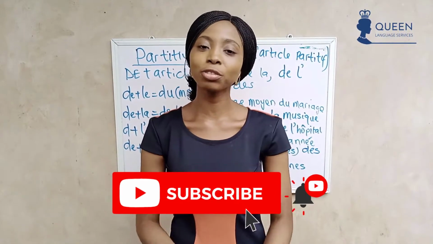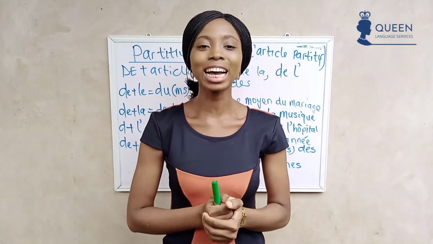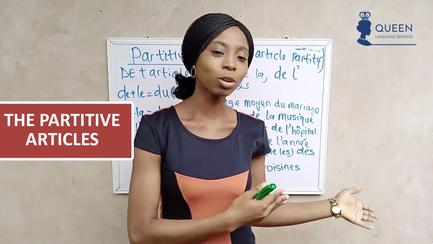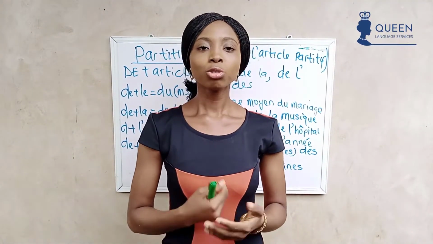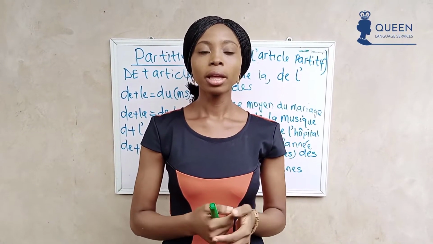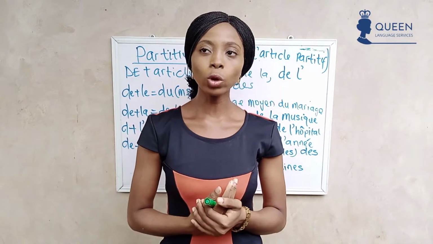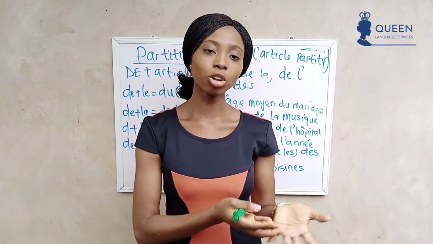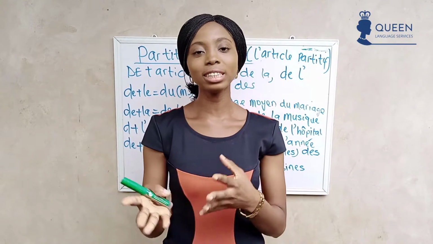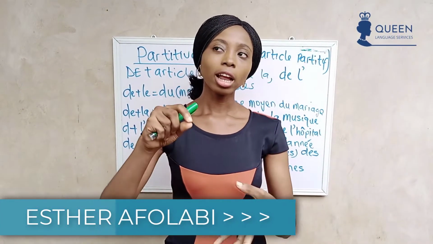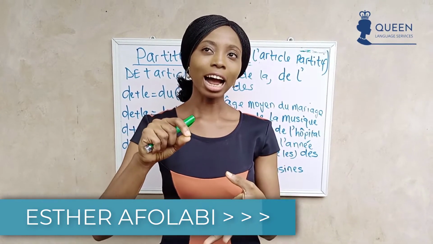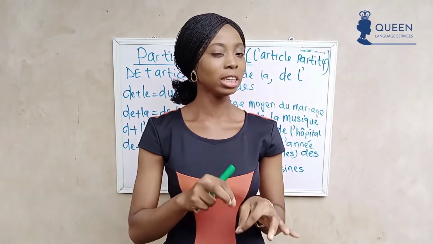So in my today's video, we'll be looking at what is referred to as the partitive article, l'article partitif. In French language, the partitive article is actually a preposition de plus a definite article. Our preposition always contracts with a definite article.